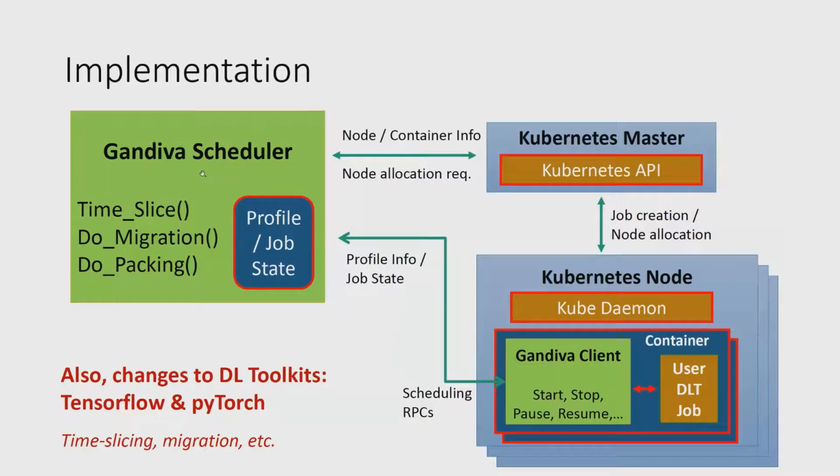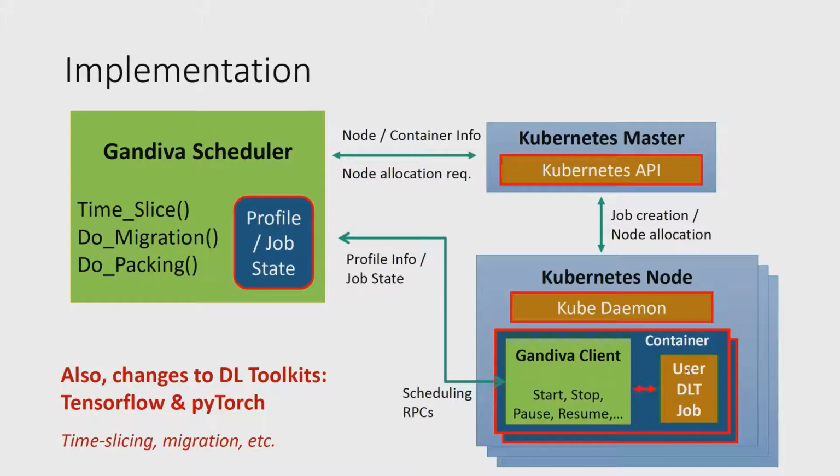In order to actually achieve this scheduler, Gavel introduces clients that run alongside, co-located with the training job in the container in the cluster, to perform the starting of a job, and the pausing or resuming of training jobs, those kinds of things. It also requires some modification of TensorFlow and PyTorch, the popular frameworks, to do the time slicing or migration.